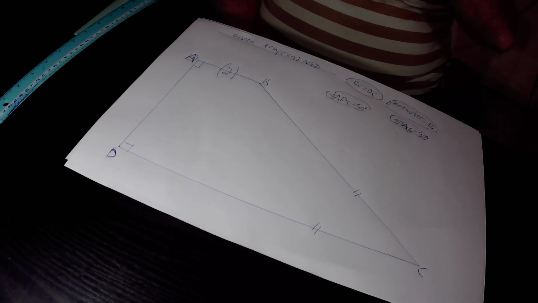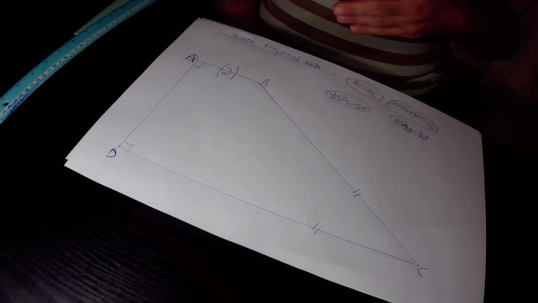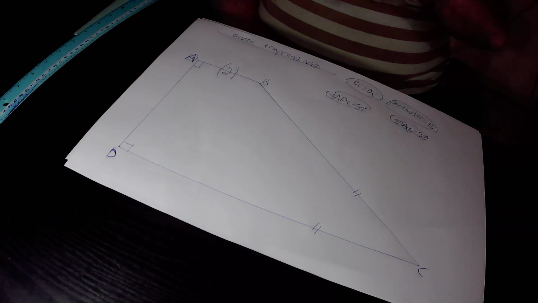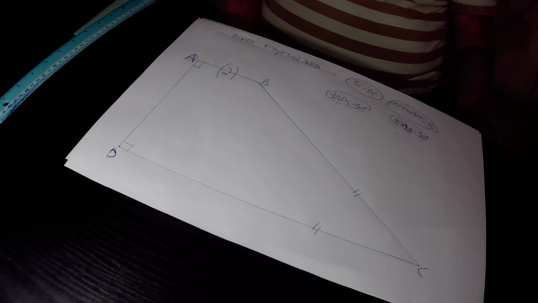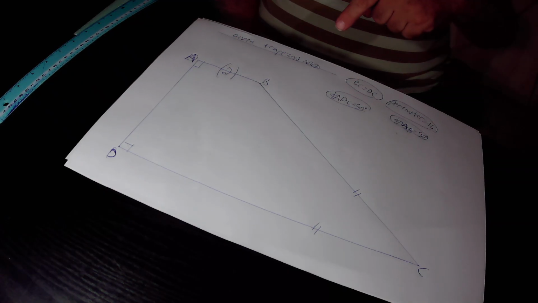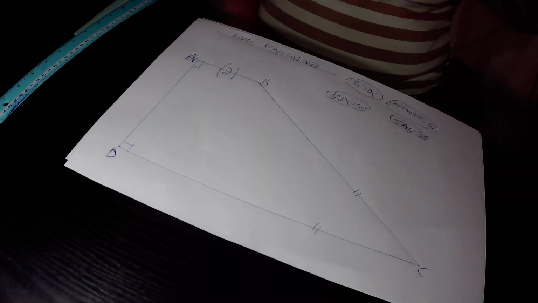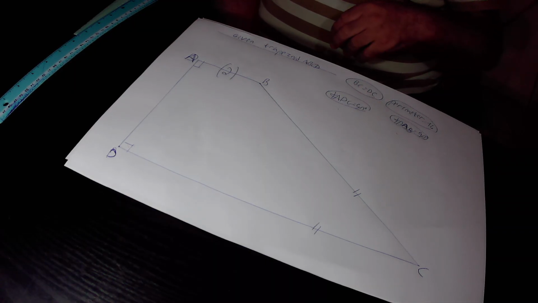Again, a perimeter is the sum of the lengths of all the sides of a trapezoid. And we know that the perimeter of this trapezoid ABCD equals 16 units. That is to say, AB plus AD plus DC plus CB, in total it is equal to 16 units. That is actually the perimeter of this trapezoid ABCD.